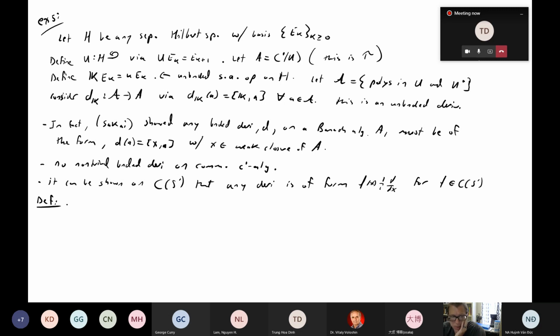Again, A is a Banach algebra, and script A is a dense subalgebra.